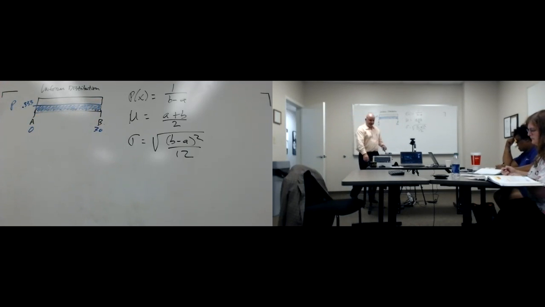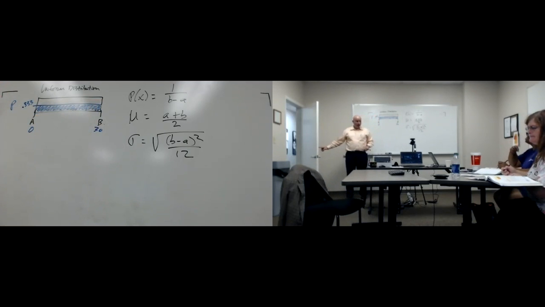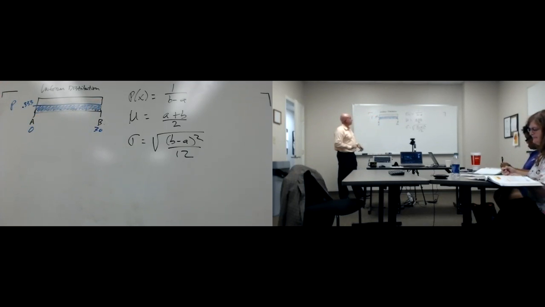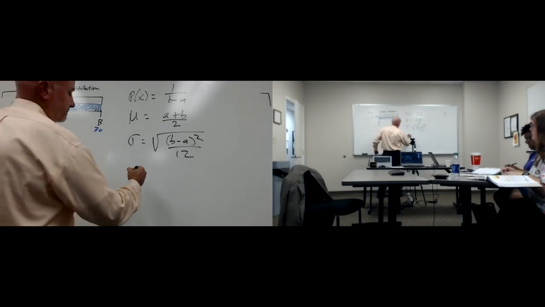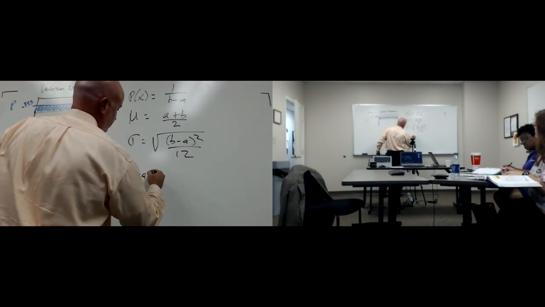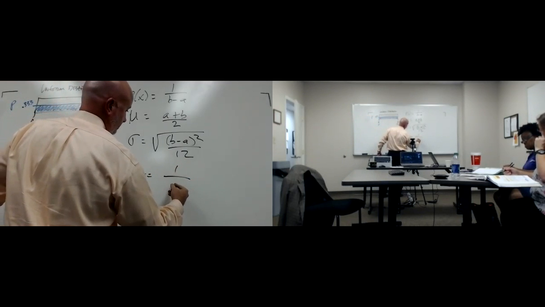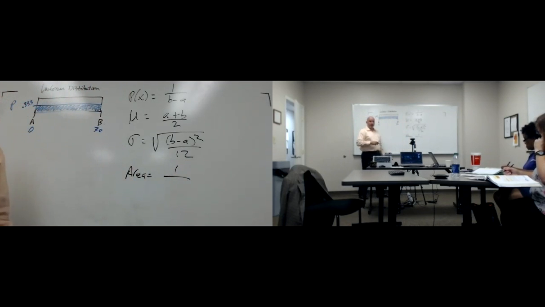Number 2, show that the area of this distribution is 1. That would be important right now to understand real quick, how do we solve for area? Area is length times width, isn't it? Length times width.